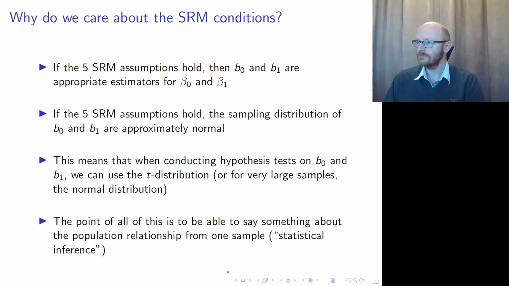Okay. So, why do we care about the simple regression model conditions? Well, actually, if all conditions hold, and these you can observe or you can think about them logically, like the omitted variable, condition number 2.